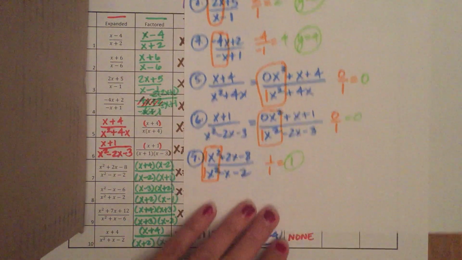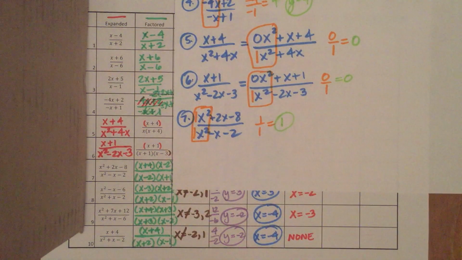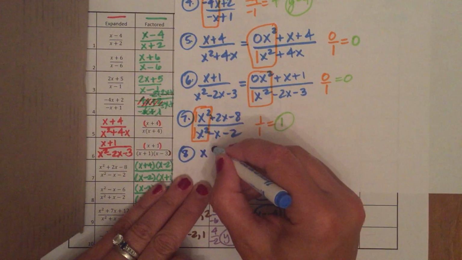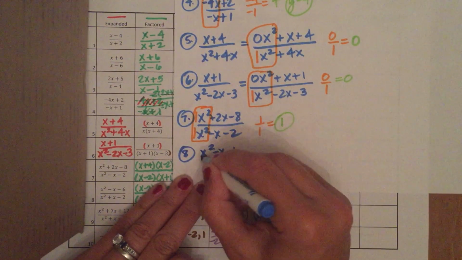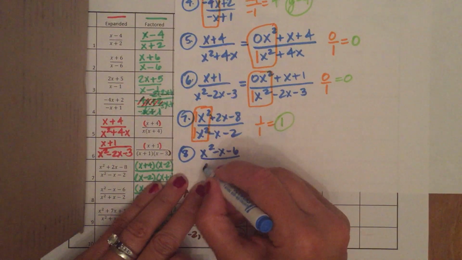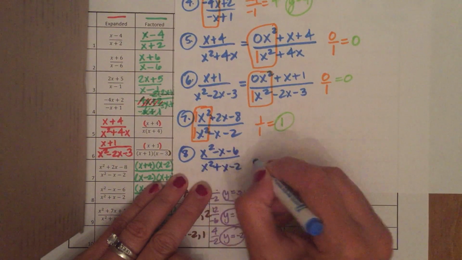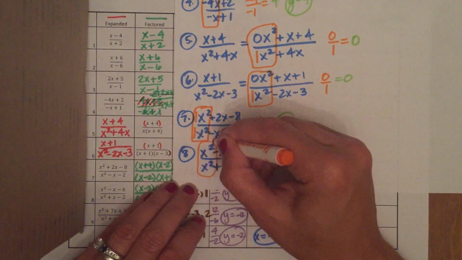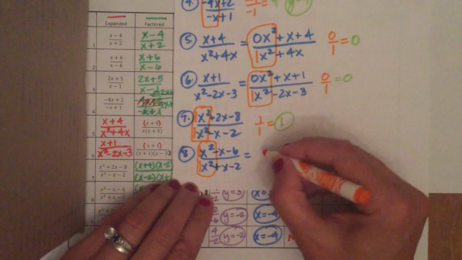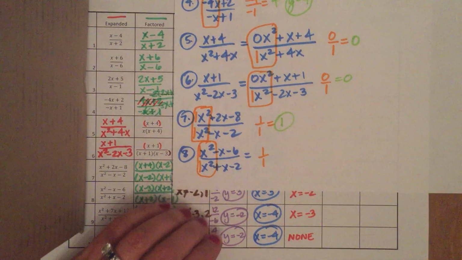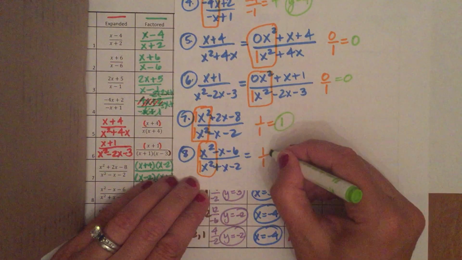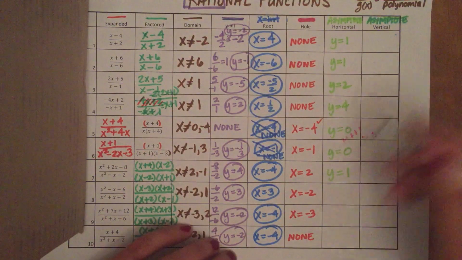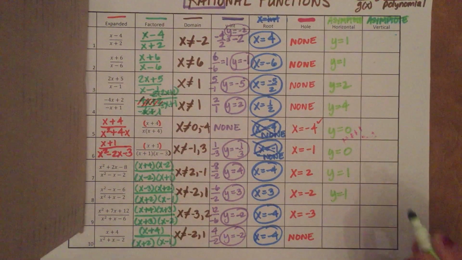Let's look at number 8. On number 8, you have (x squared minus x minus 6) over (x squared plus x minus 2). So we're going to look at our lead degree terms, which is x squared and x squared. It's 1 and 1. So 1 over 1 is 1. So we've got another asymptote at 1.